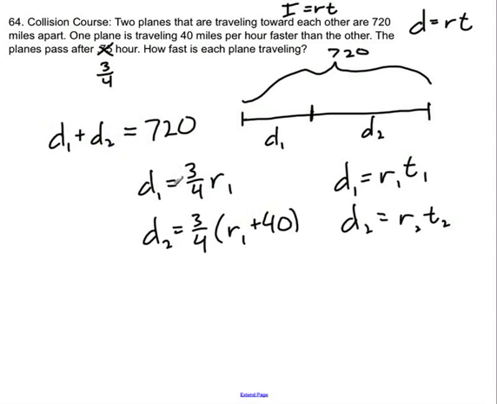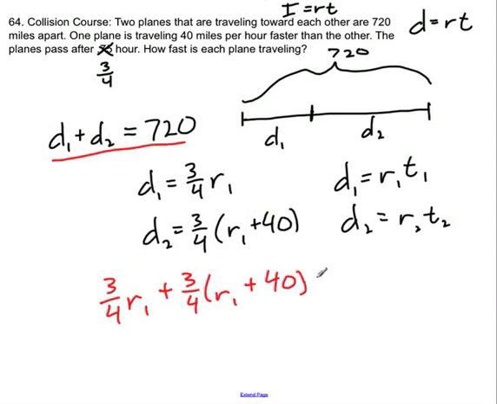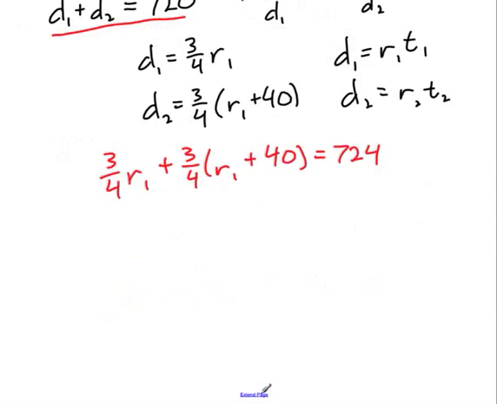So I'm going to use this equation right here. d1, which I know is going to be 3/4 r1, and then we're going to add it to d2, which is going to be 3/4 (r1 plus 40), and altogether that's going to equal 720. Now, I'm going to have to reduce before I do anything else.